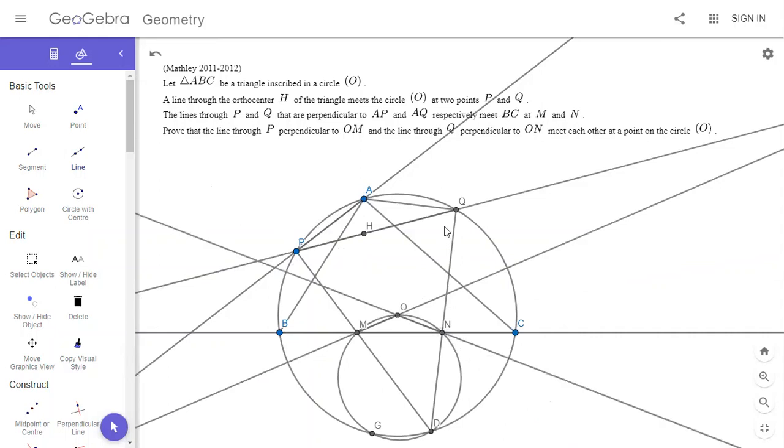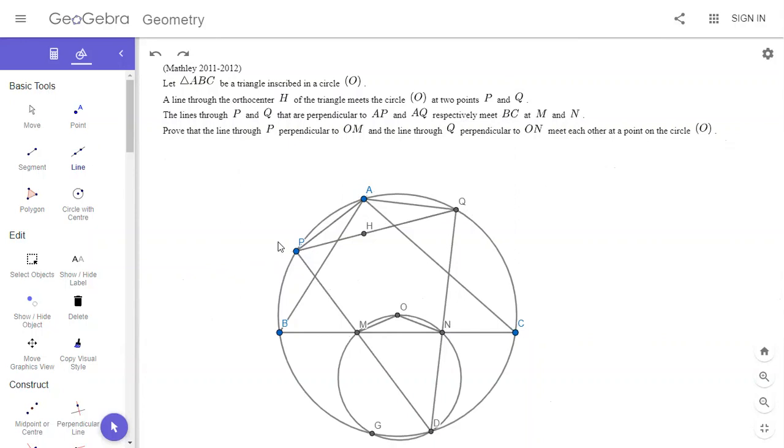This is going to be a little tricky. I'm not sure how much that would help. Yeah, I think so. The intersection. I mean, a spiral similarity centered at G, we want to show takes triangle.